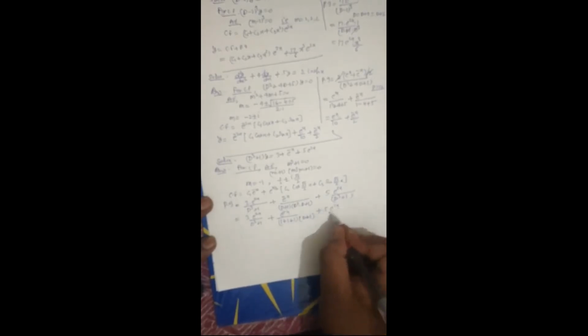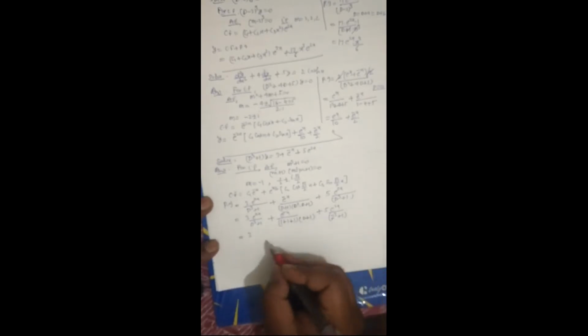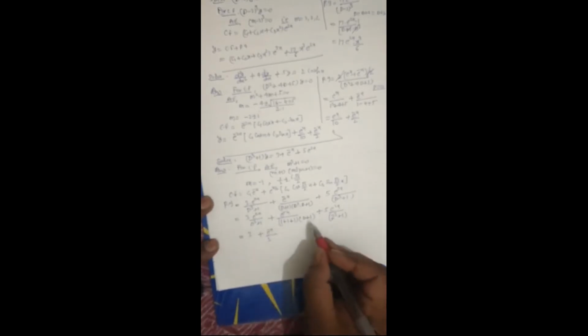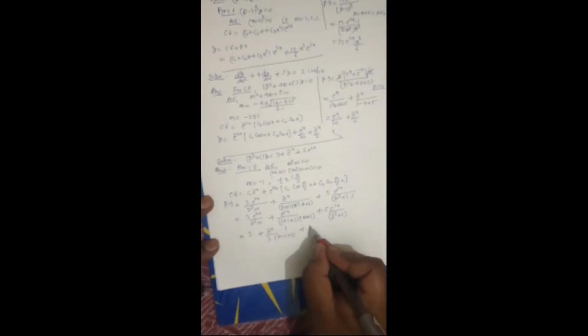Third, 5 e to the power 2x upon D equal to 2, 2 cube plus 1, this is equal to 3 plus e to the power minus x upon 3. In this case D is equal to D plus a, that is (D minus 1 plus 1) into 1 plus 5 e to the power 2x upon 9.